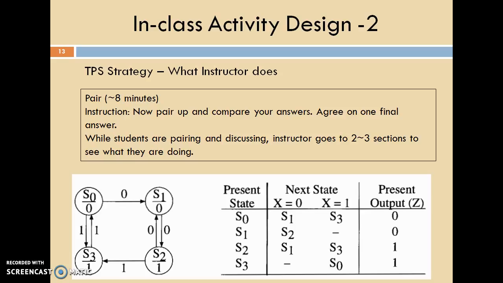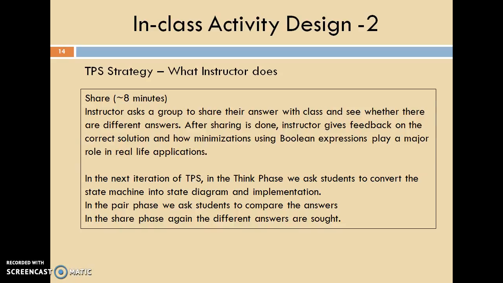While students are working on their answers, the instructor goes around 2 to 3 sections to see what they are doing. The expected answer is given here. The last activity and very crucial activity of the TPS strategy is share. It will take around 8 minutes for this example.